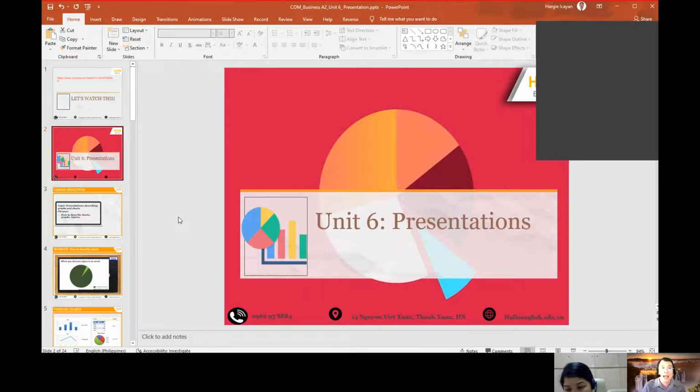So in order for us to show our boss or our bosses that there would be a trend, there would be a falling, there would be an increase or a growth, we need to do a lot of charts and graphs in order to present that. Okay, so that's the reason.